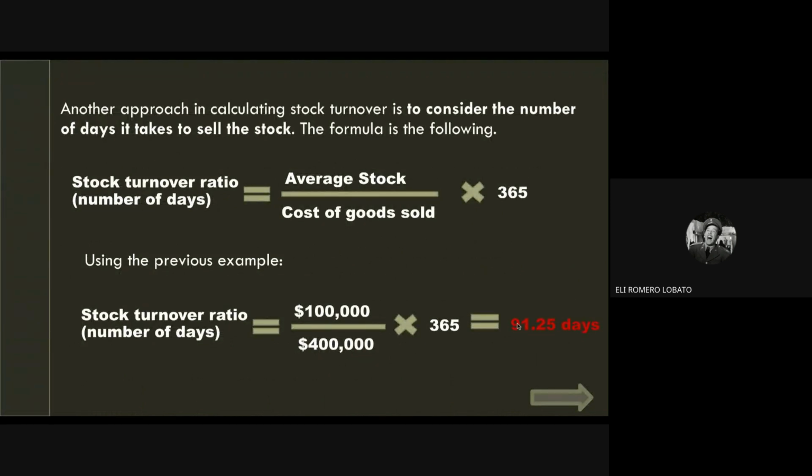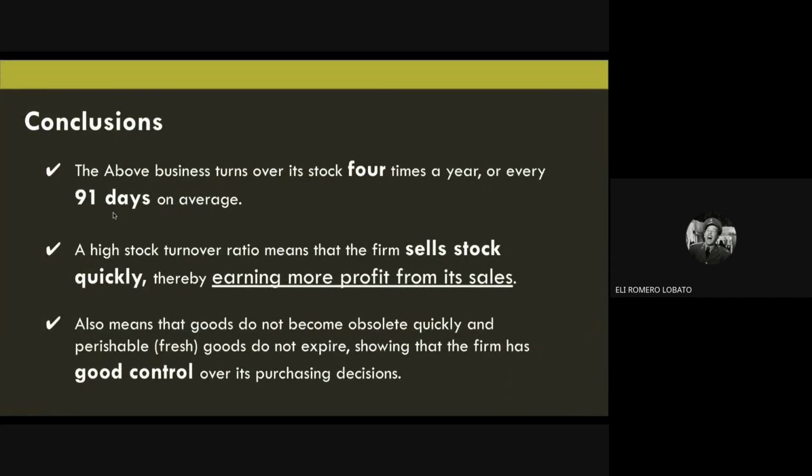I recommend, if we already find decimals, use the next day, because if we don't consider this, we are going to have a lack of stock from the next day. So instead of 91.25 days, we are going to say 92 days, okay, in this case.